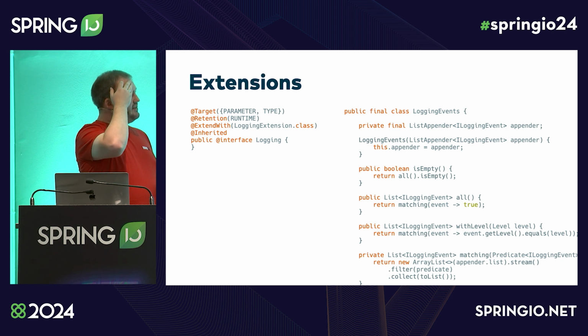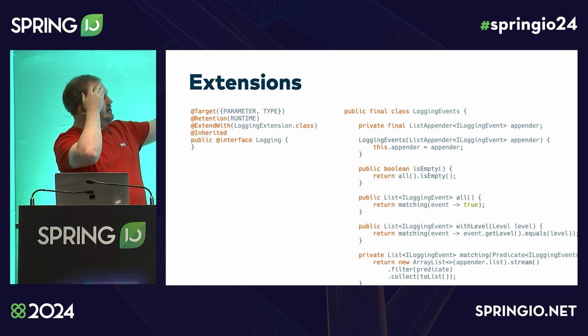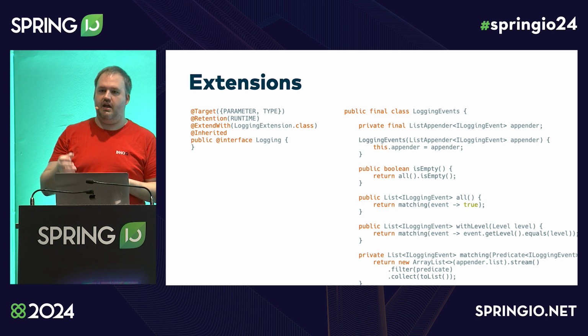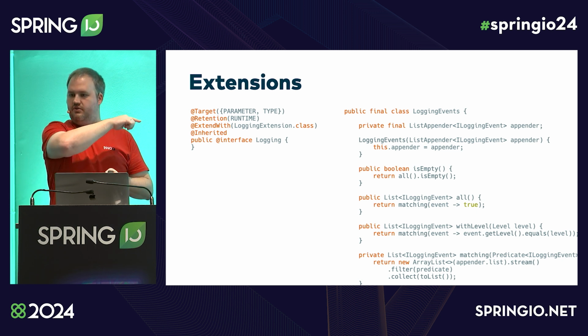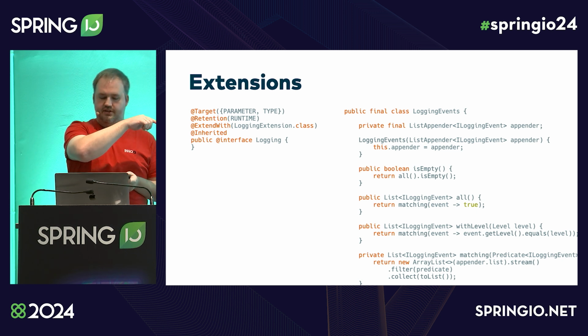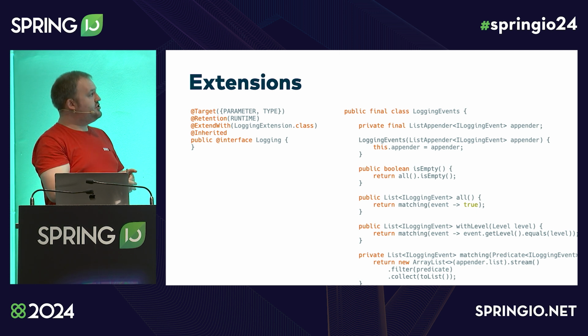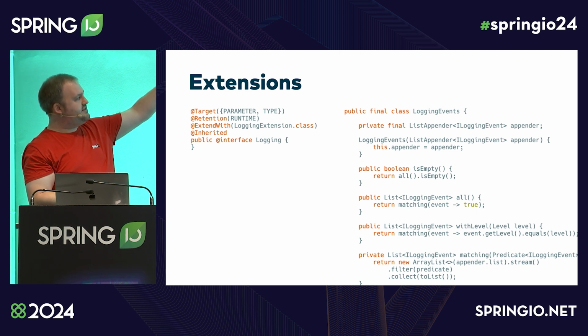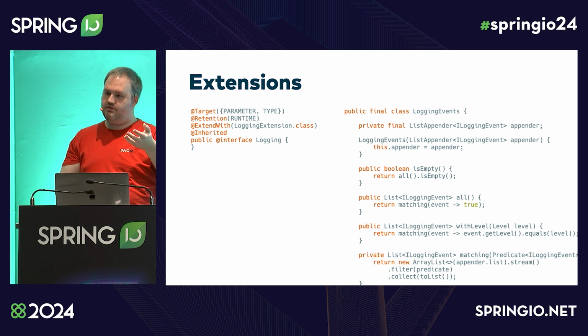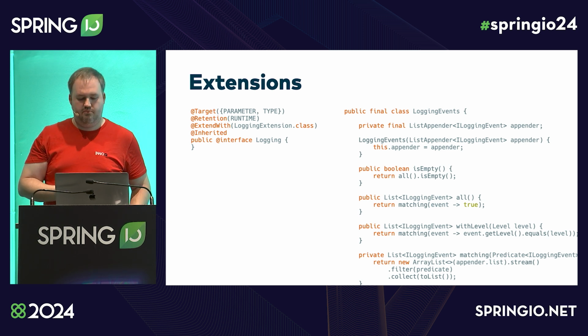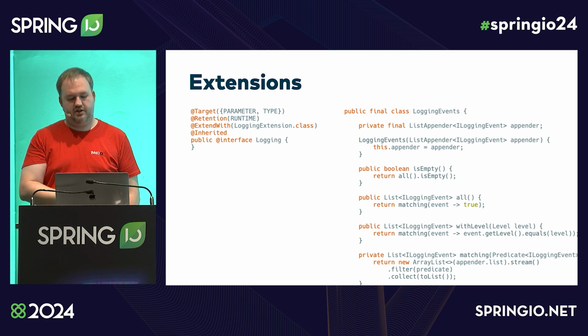It normally starts with an annotation, the @ExtendWith annotation, and then as an argument to that annotation, you give the actual extension, and you can meta-annotate it as you could see here. So I could have put the @ExtendWith LoggingExtension directly on the class or at the argument, but I used that meta annotation Logging.